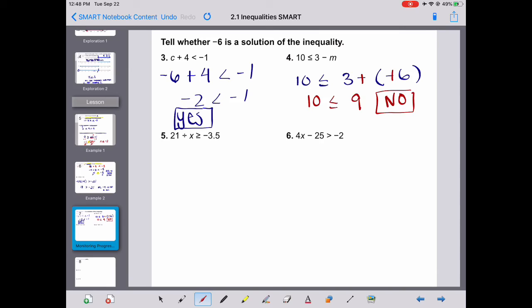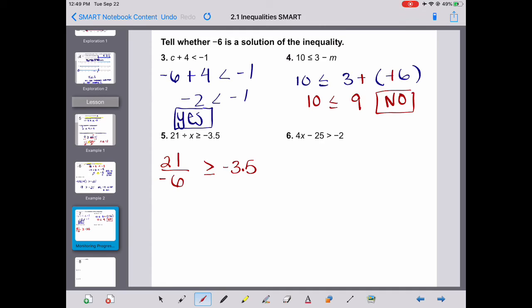Number 5, 21 divided by x is greater than or equal to -3.5. So 21 divided by -6 is greater than or equal to -3.5. So in your calculators, go ahead and plug that in if you haven't tried it yet.